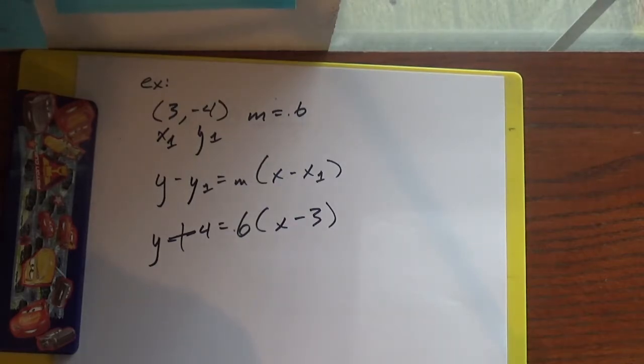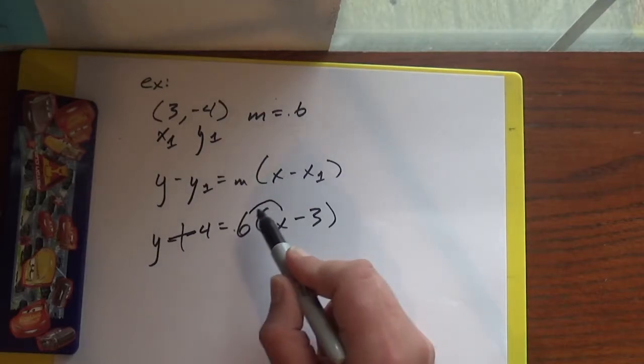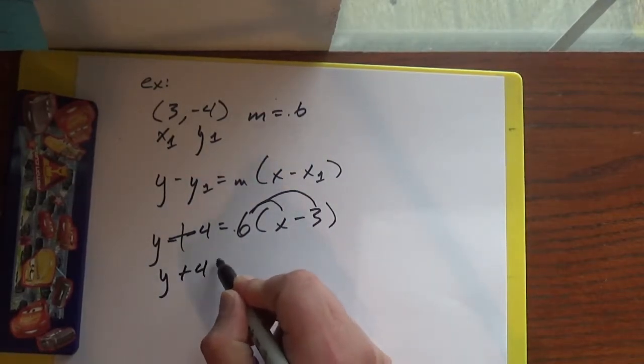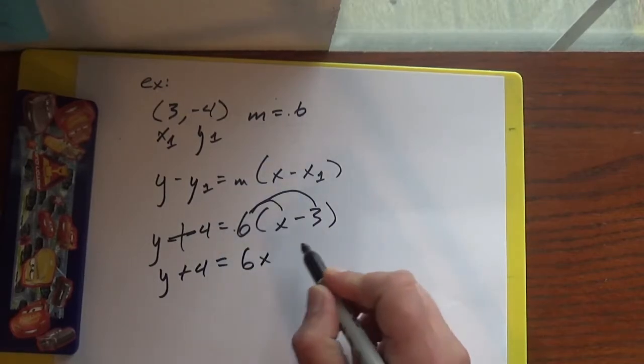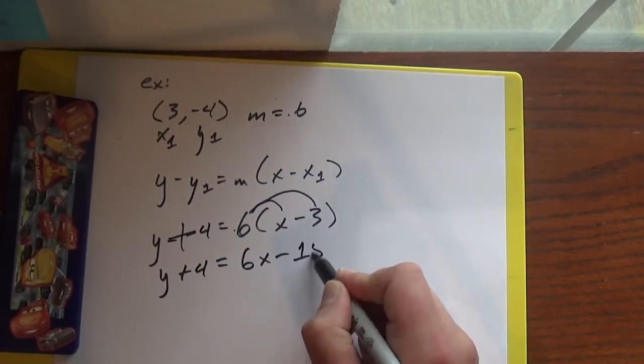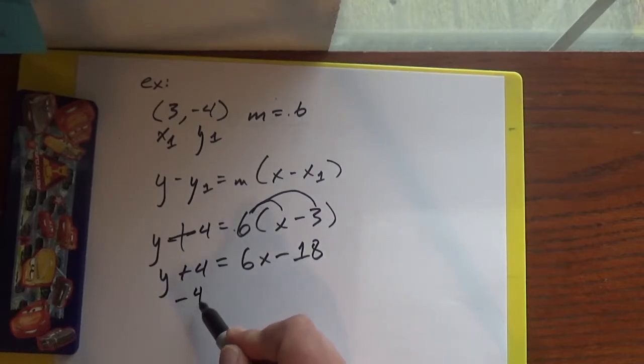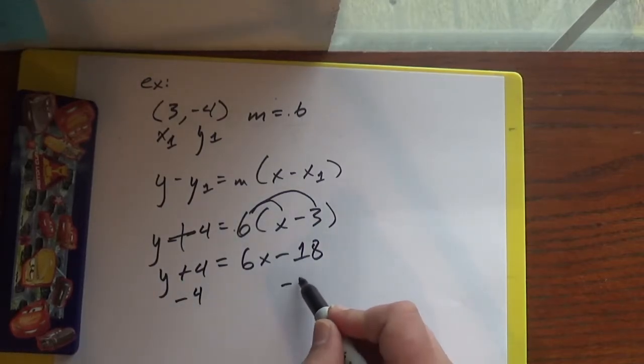Now, my first step is to distribute my slope. So I multiply this all the way through. So y plus 4 is 6x minus 18. My second step is to add or subtract to get the y by itself. I'm adding 4 here, so I need to subtract 4 here and subtract 4 here.